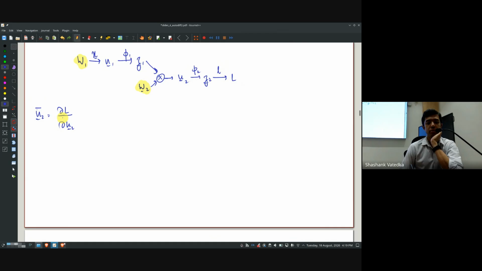I'm using a compact notation because this U2 bar is a vector, and this partial derivative with respect to a vector is just a compact representation for dL by dU2 of 1 up to dL by dU2 of whatever the dimension of U2 is.